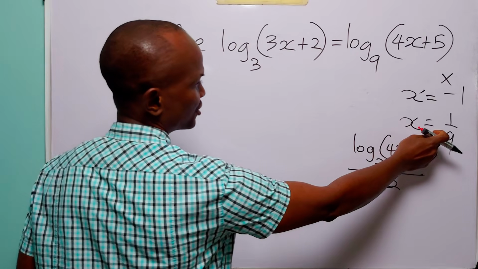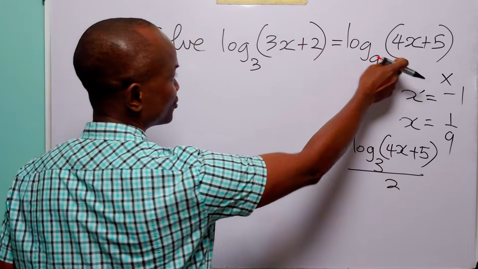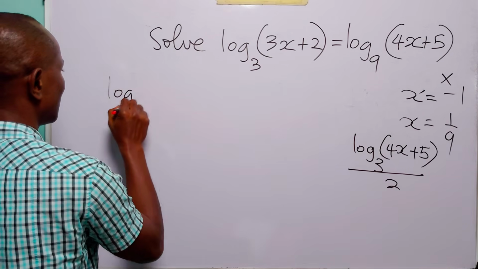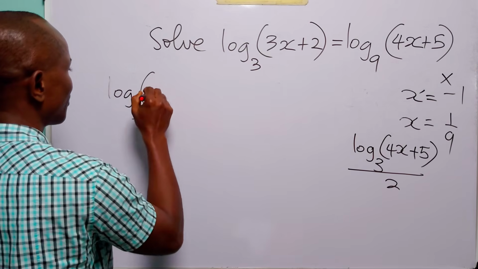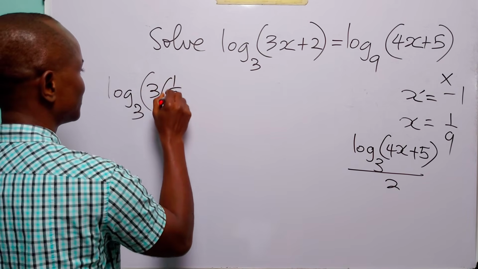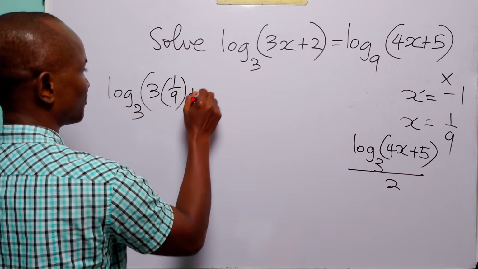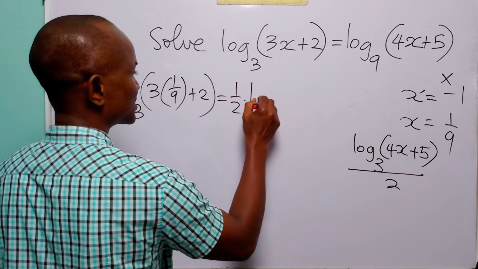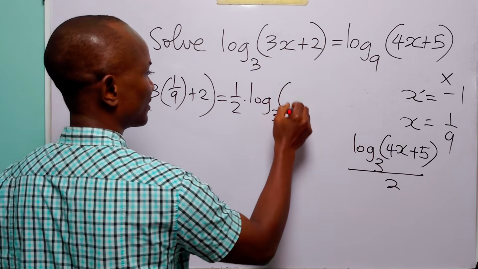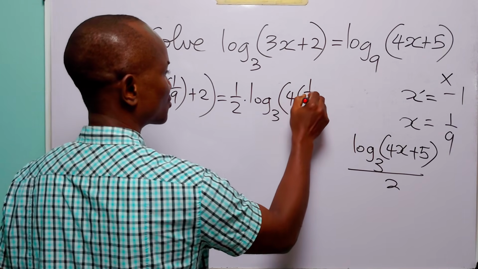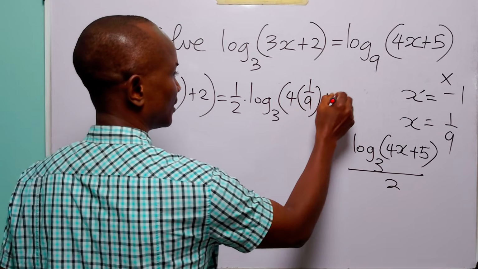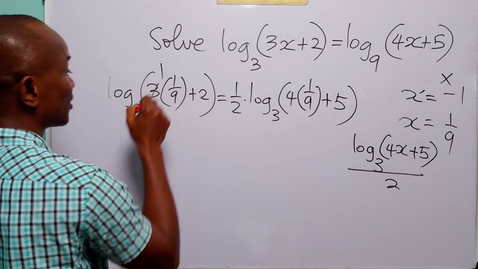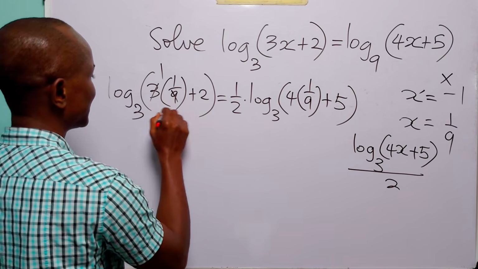And when we substitute 1 over 9 for x into the original equation, we have log to base 3 of 3 times 1 over 9 plus 2 is equal to half times log to base 3 of 4 times 1 over 9 plus 5. 3 into itself is 1 and into 9 is 3.